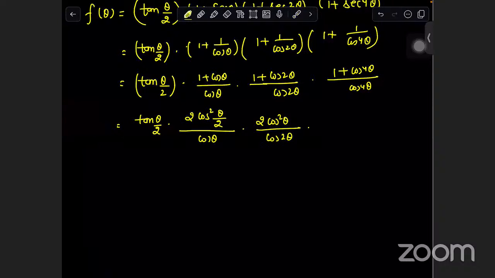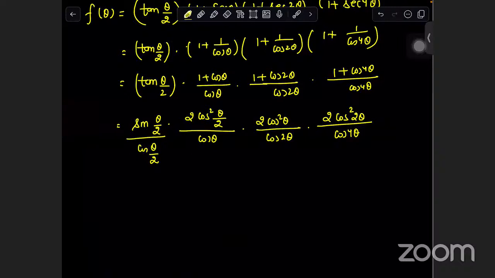Now 1 plus cos 4 theta will be 2 cos squared 2 theta upon cos 4 theta. Even this tan(theta/2), I also write as sin(theta/2) upon cos(theta/2).